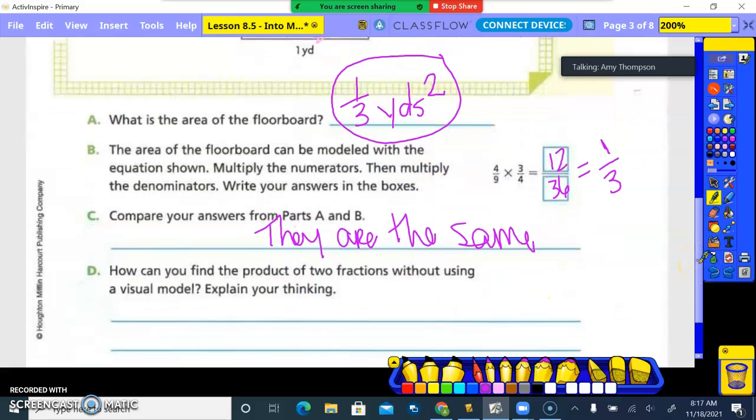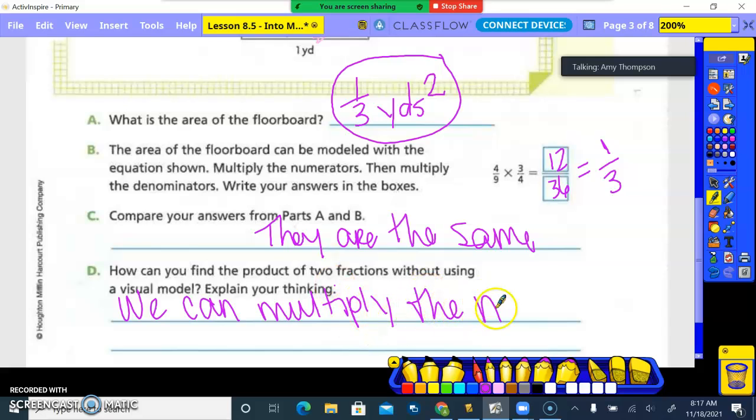So how can you find the product of two fractions without using a visual model? So basically all you do is you do what? First you multiply the numerators straight across, right?